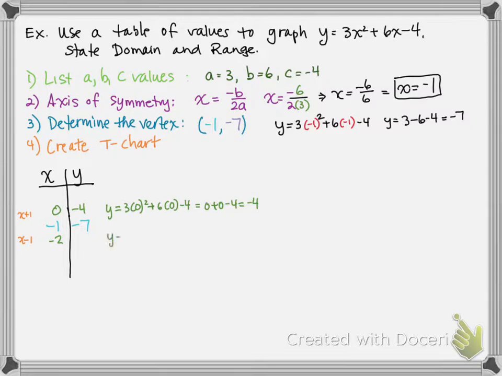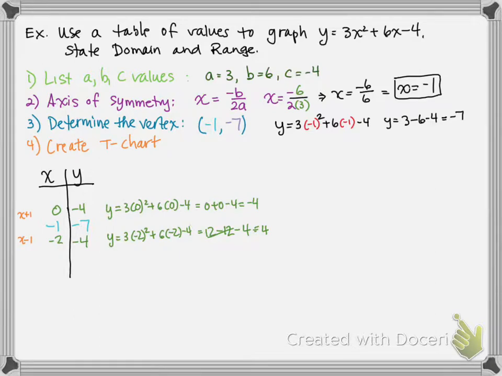So I'm going to have y equals 3 times -2 squared plus 6 times -2 minus 4. That's going to give me -2 squared is 4. 4 times 3 is 12. And then we've got 6 times -2 is -12, and then minus 4. These cancel out, leaving me with -4. Matchy, matchy, right?